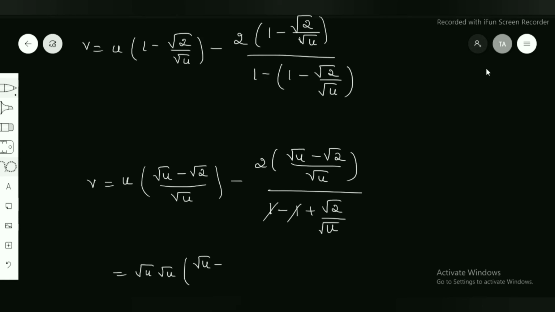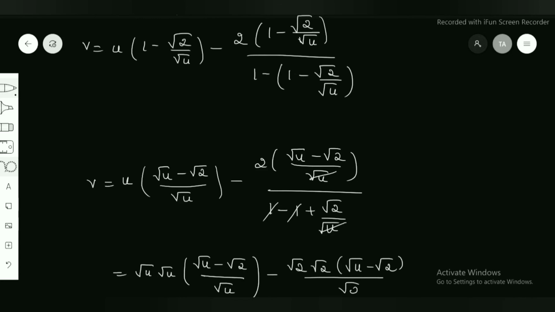This is square root of u minus square root of 2 by square root of u, minus this 2 can be written as square root of 2, square root of 2. Okay, now these two terms also will get cancelled, square root of u and square root of u. We are remaining with square root of u minus square root of 2, divided by square root of 2.